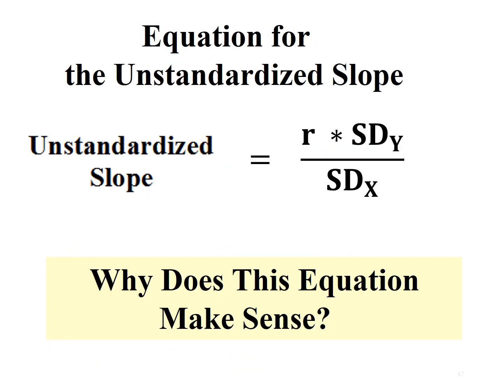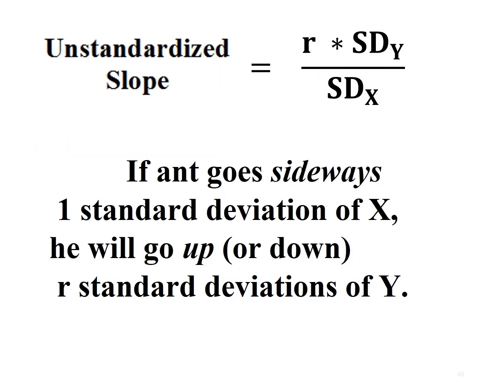We also talked about how or why this formula works, and we gave an example of an ant walking on the regression line. If the ant goes sideways one standard deviation of x, it's going to go up R standard deviations of y.